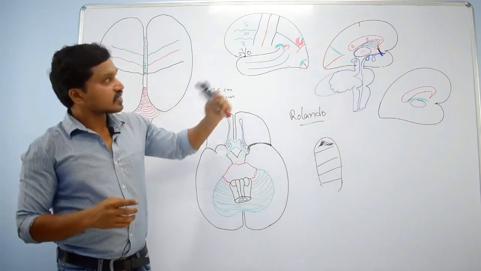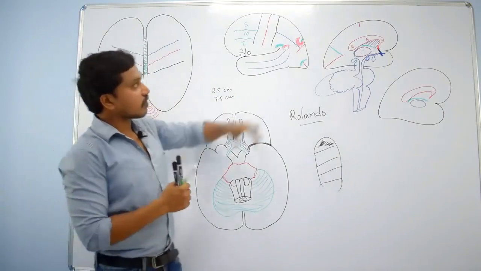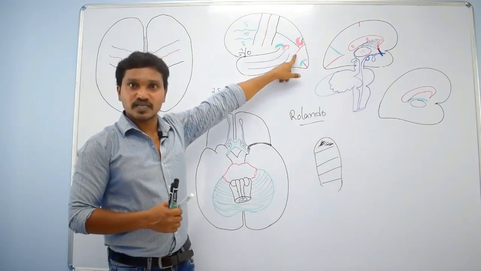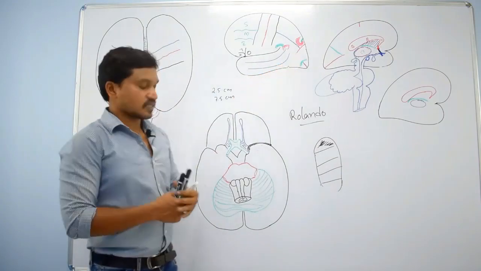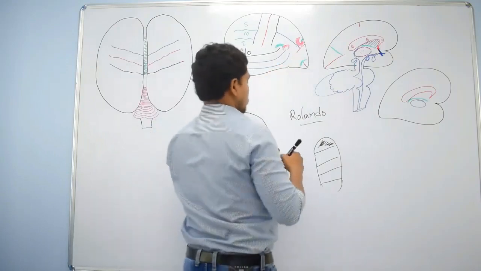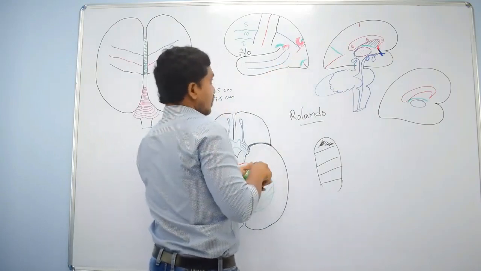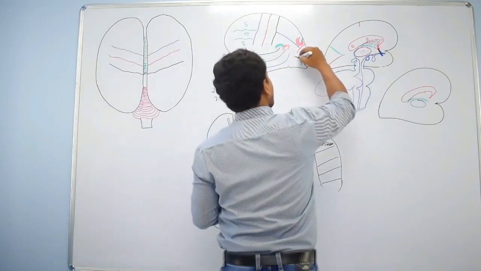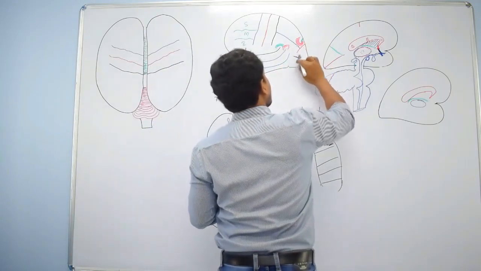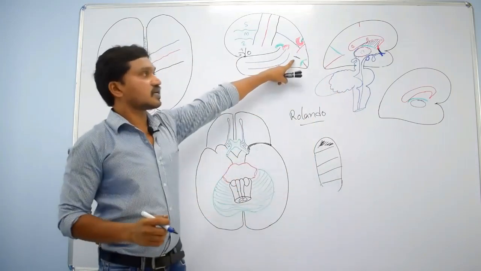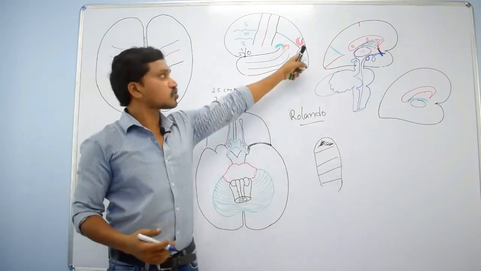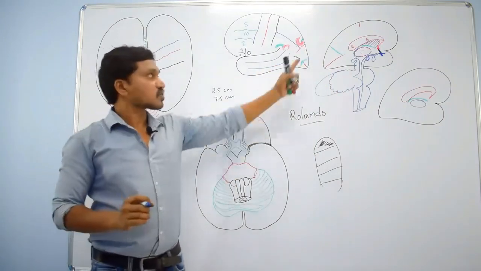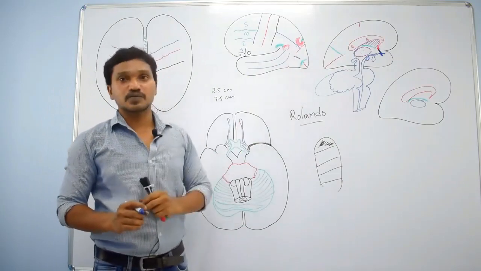And are there any other sulci in the occipital lobe? Yes, we have already drawn one: the transverse occipital sulcus, right? Then another sulcus, the lateral occipital sulcus. Because of this lateral occipital sulcus, the occipital lobe divides into the superior and inferior occipital gyrus.